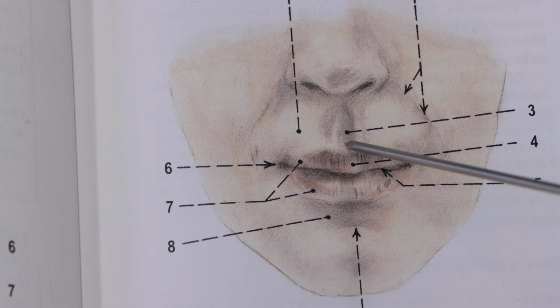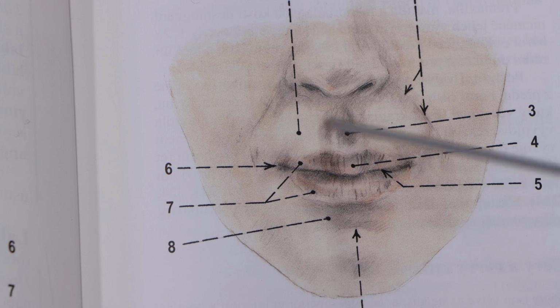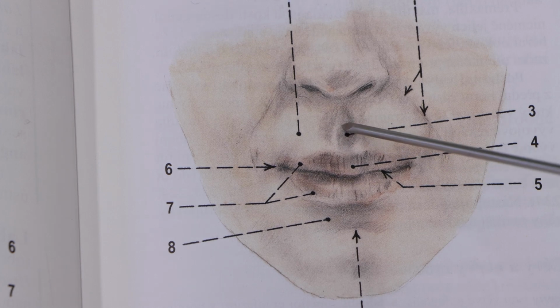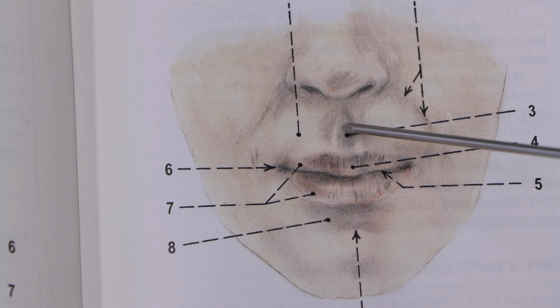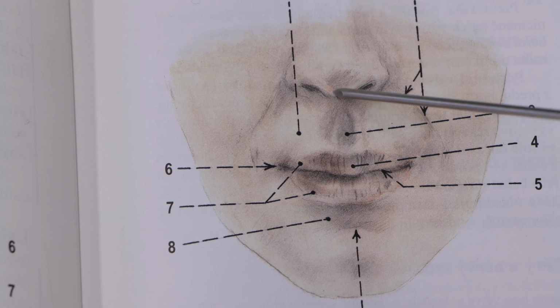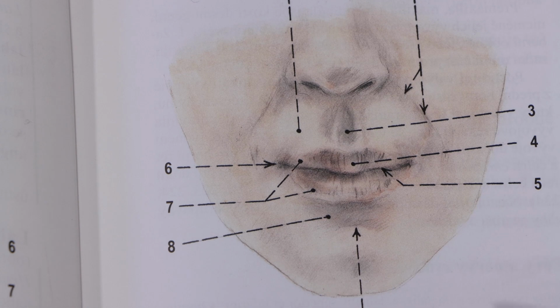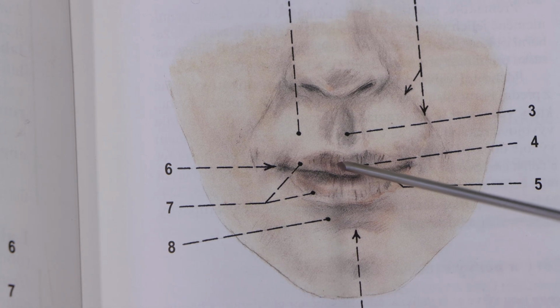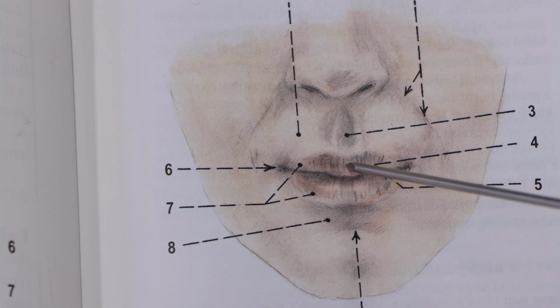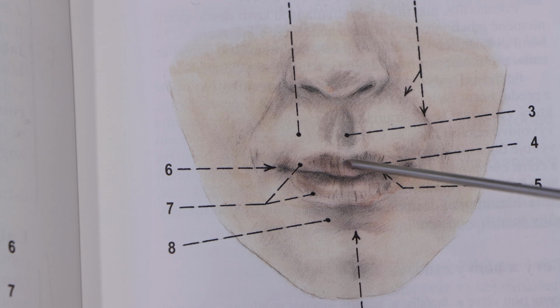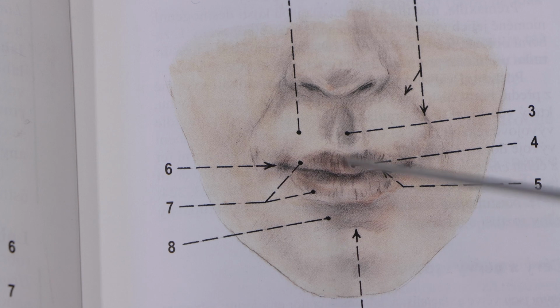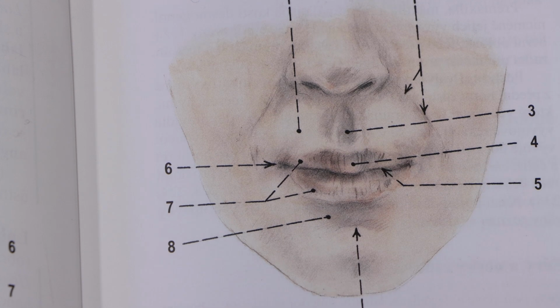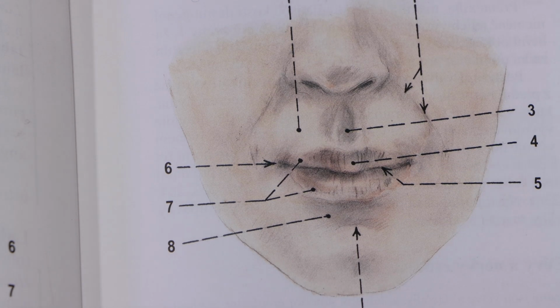Above the superior lip, there is a small depression called the philtrum, and it continues upward to the nasal septum. At the center of the upper lip, you can find the tubercle, which is called the labial tubercle, and is very well seen only in the upper lip, and a small part in the lower lip, but mainly in the upper lip.